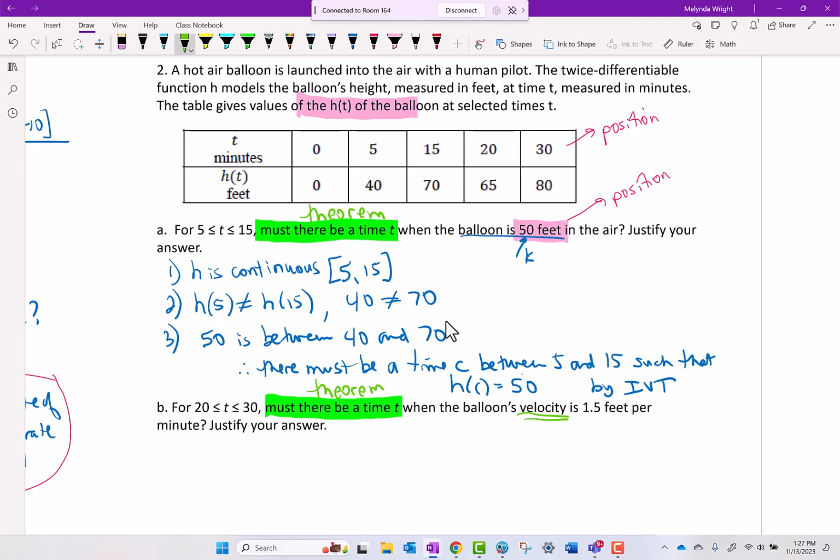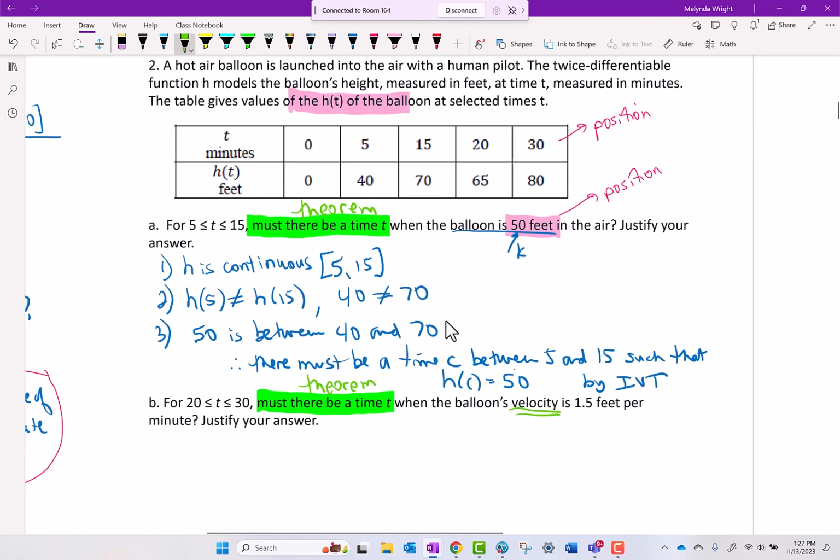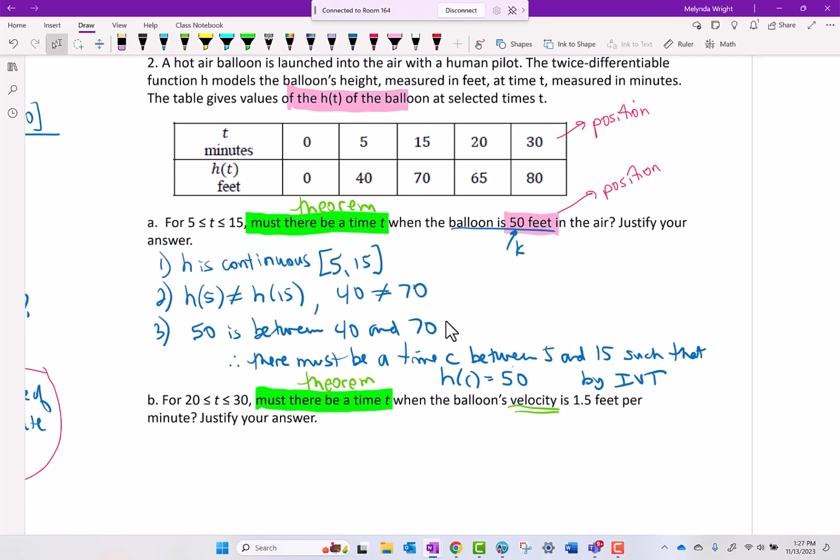Okay, and let's think about what's the deal with MVT? Let's go through the criteria, so to make sure we can use it. So number 1, H is continuous. And we need to use what they use, 20 to 30. Number 2, they want to know that H is differentiable.